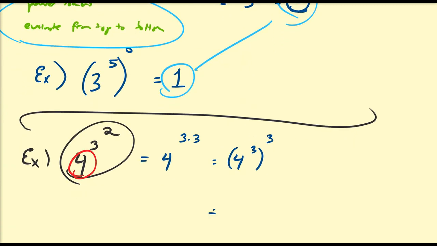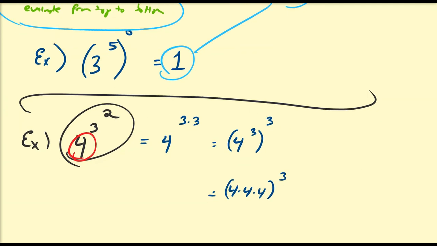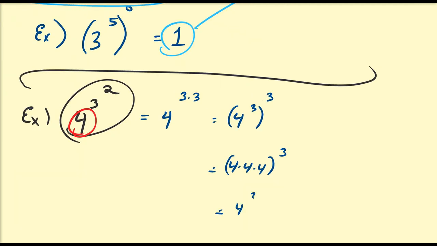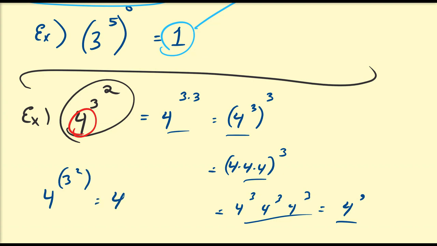So 4 cubed, we already know, is just 4 times 4 times 4, and this is cubed, and this is of course 4 cubed, 4 cubed, 4 cubed, which is of course the same as 4 to the power of 9. And you could have got that from any one of these expressions. This is the same thing as saying 4 to the power of 3 squared, which is 4 to the power of 9.